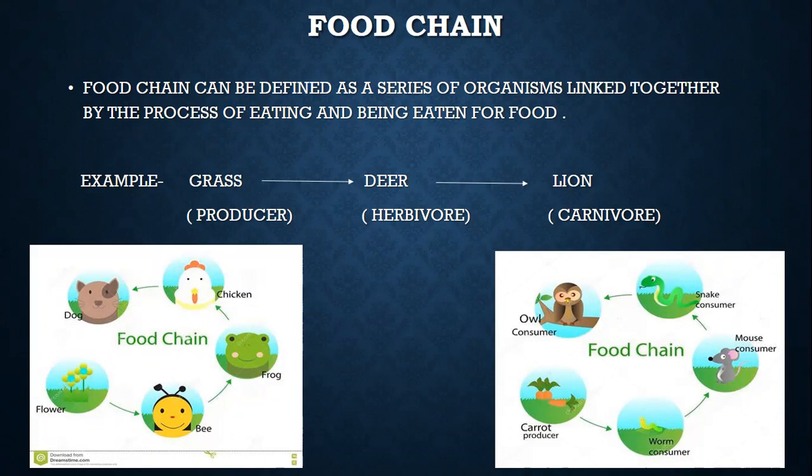So a series is there between all these three. Producer eaten by herbivore, herbivore eaten by carnivore, and somehow carnivore eaten by omnivore. So there is a link between each other, and this process of eating and being eaten for food is called a food chain.